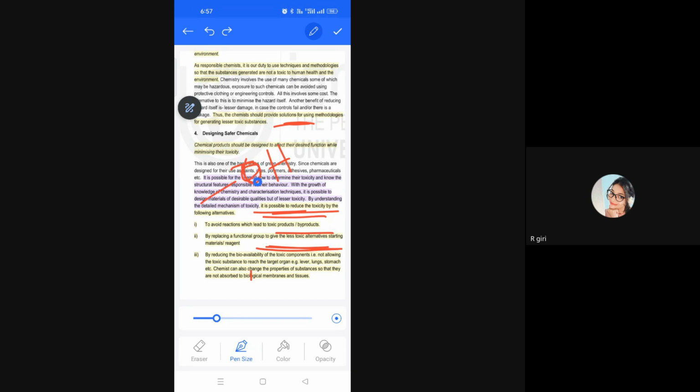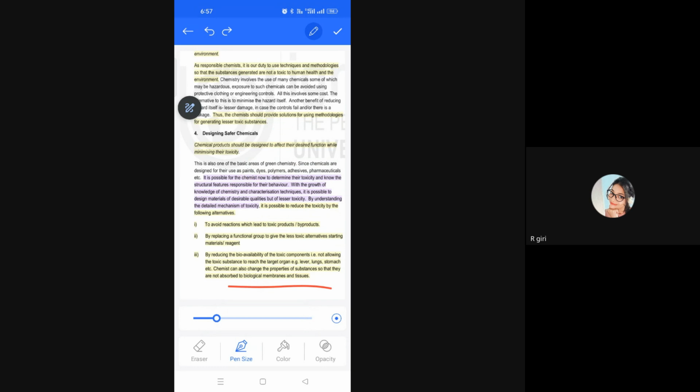One functional group is present in the compound, so it behaves as toxic. If I change the functional group OH to OR, then toxicity will decrease. In a similar way, by changing the functional group, we can remove the toxicity of the compound by reducing the bioavailability of the toxic component, not allowing the toxic substance to reach the target organ.